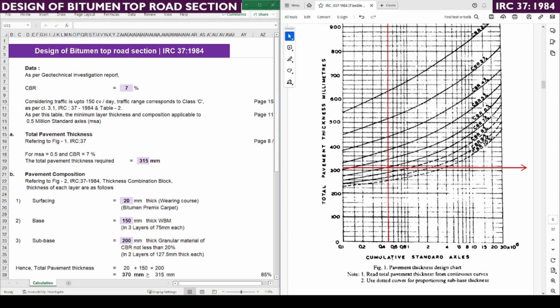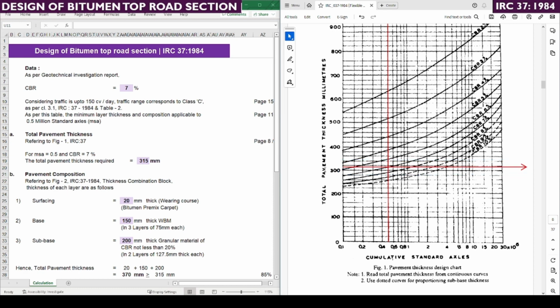As per our geotechnical investigation we assumed the CBR value is 7%. So this curve we need to consider, and the cumulative standard axles we are considering is 0.5 million. We draw a vertical line at 0.5 MSA, and from the CBR 7 curve, this is the portion which is touching.